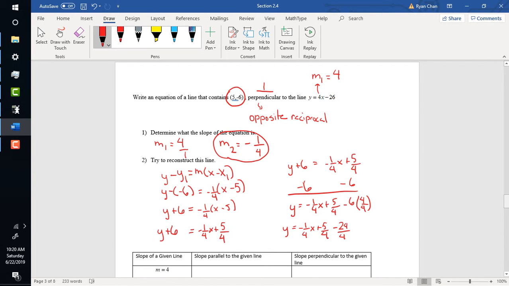Okay, and this is going to be equal to, sorry, I'm going to move this over. y is equal to negative 1/4 x minus 19/4.